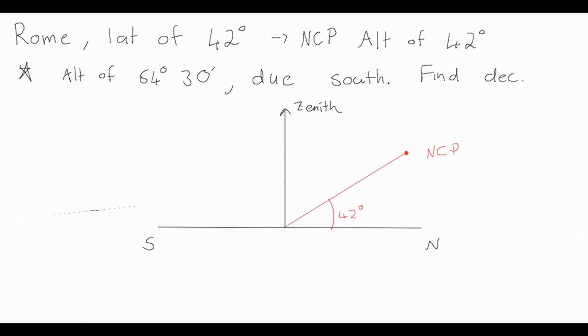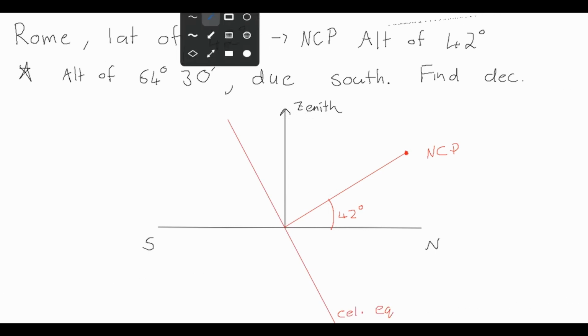The next thing we're going to do is draw on the celestial equator. Now, the celestial equator is at 90 degrees to our line connecting to the north celestial pole. There we go. So this red line here is our celestial equator, and the black line we drew originally is our horizon.